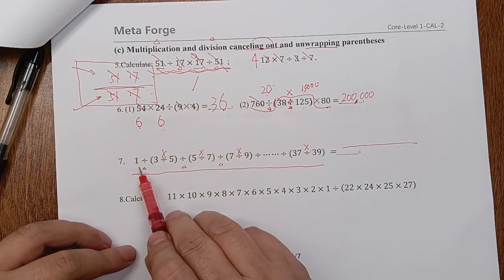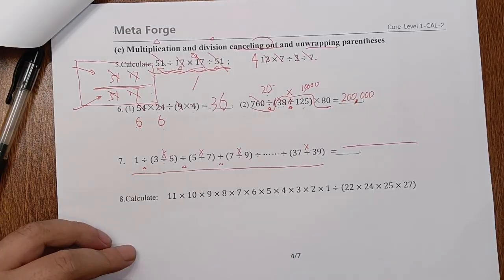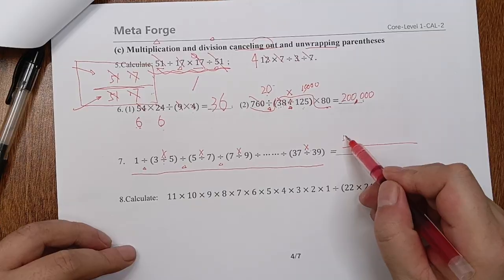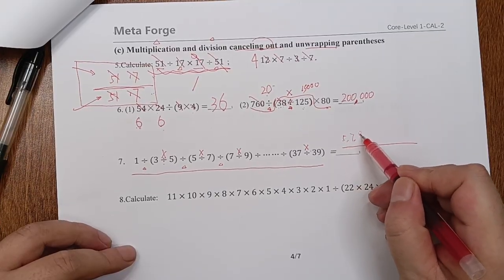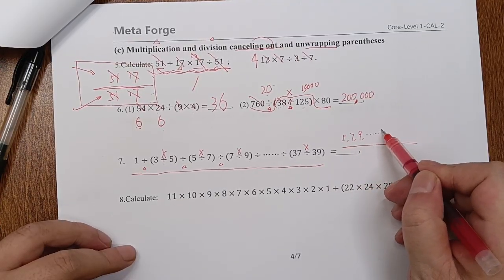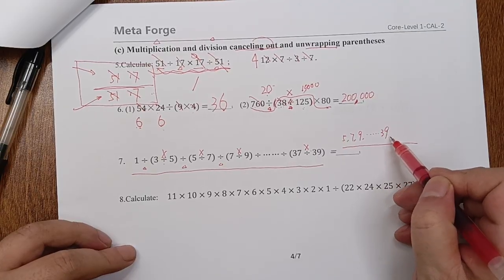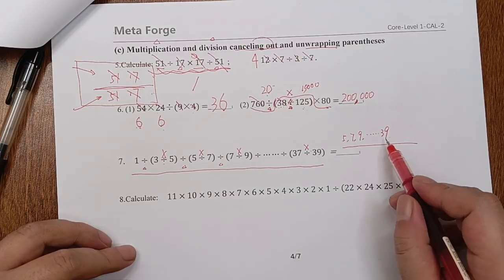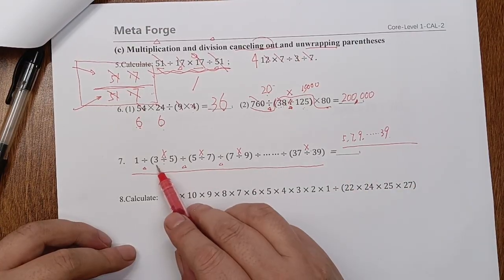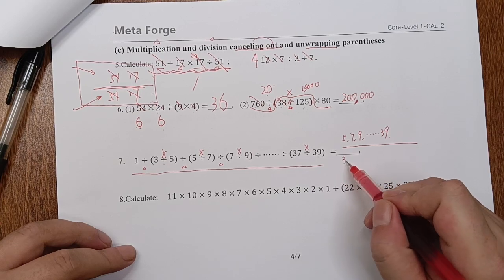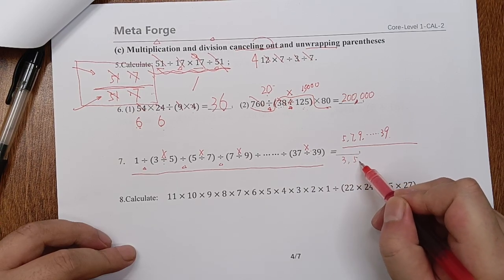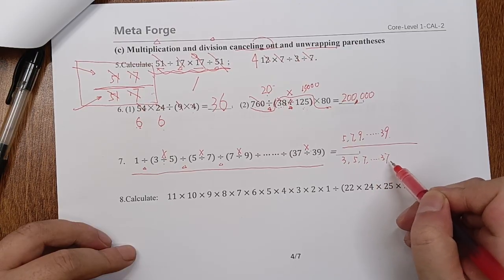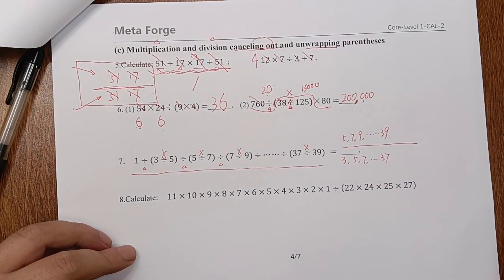What one can omit, one can ignore. Okay? 5, 7, 9, till 39. This side, 3, 5, 7, till 37.